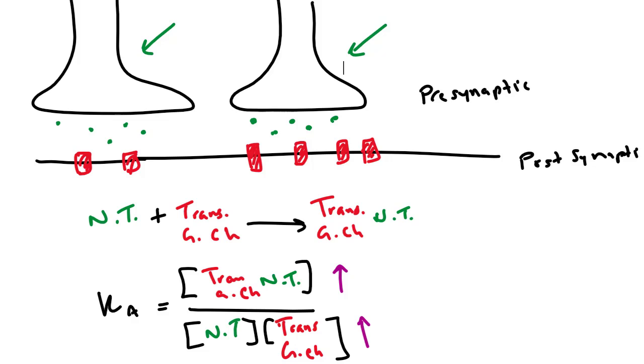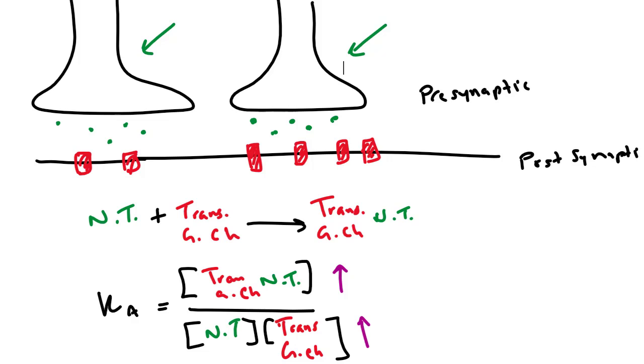Since you have more transmitter-gated channels on the right, even though you have the same amount of neurotransmitter, you're going to get more complex formation. What we mean by sensitivity is that at equal concentration of signaling molecule, in the case of synapses, it would be neurotransmitters, one patch of membrane will be activated more than the other.